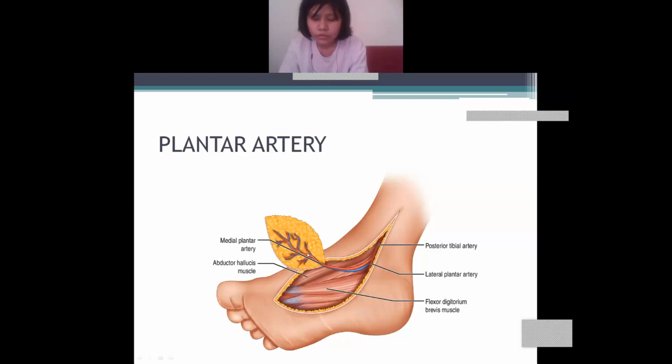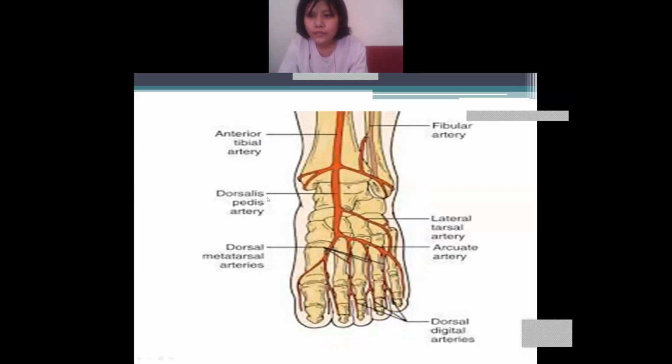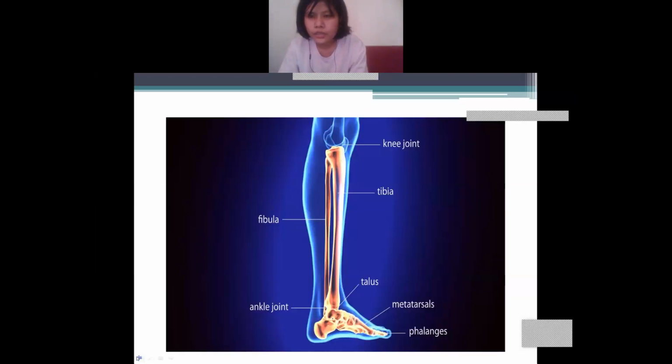This artery is also divided into different branches. All these are the branches. And the dorsalis pedis artery and this artery form the plantar arch. Let me show you this.